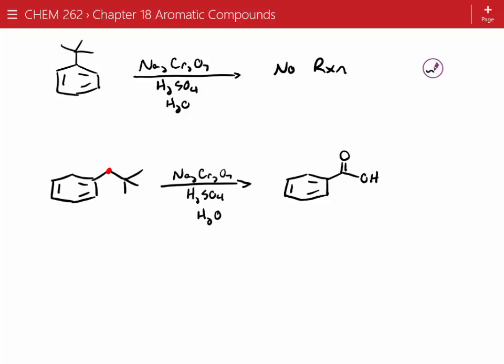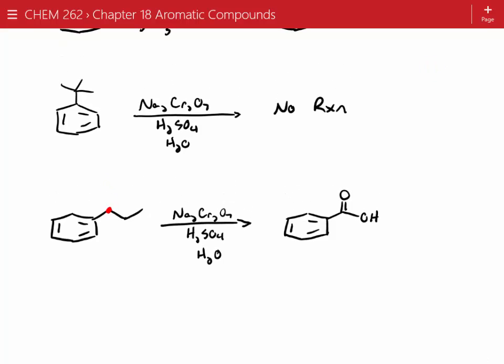Off of the red one? Yeah. It will cleave off any alkyl groups and only give you the benzoic acid group. So it doesn't matter what you have on there, it'll give you benzoic acid. If it's like this top one where you've got 3 alkyl groups coming off of it, then you're stuck. You can't get a benzoic acid there because you can't oxidize that.